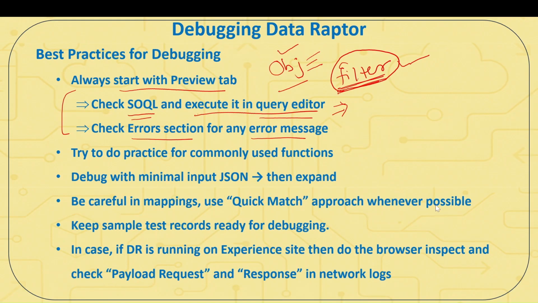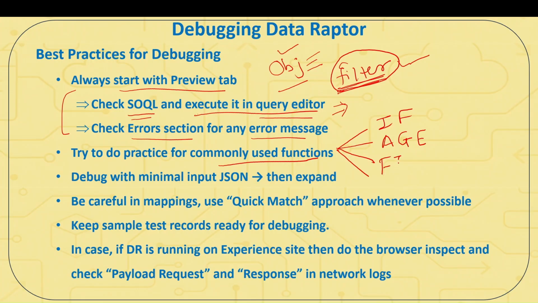If I go back here, I have mentioned one more point. Try to practice commonly used functions. What I mean to say is, there are some functions that get used commonly in OmniStudio, like if, or say you are in a project where we need to find age.